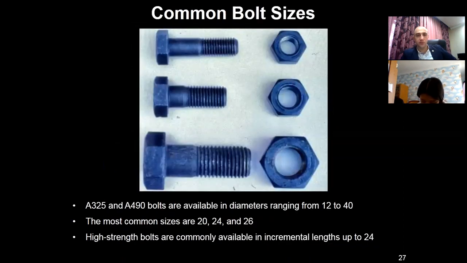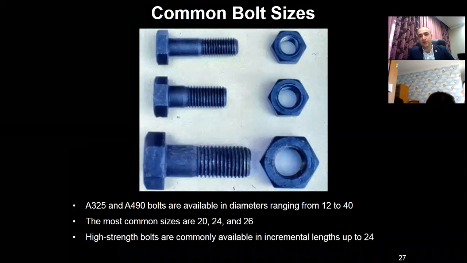Common bolt size. According to the bolt size, openings should be made in the steel plates, as well as the number of those openings. In general, the bolt size is a measure taken from the design of the connection.